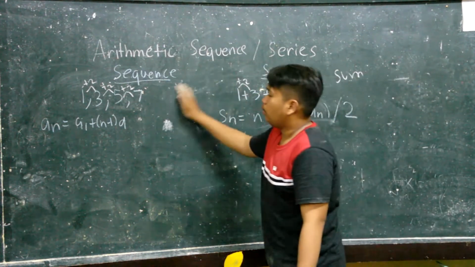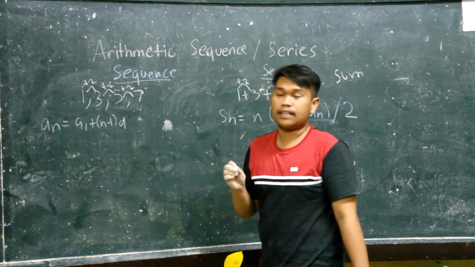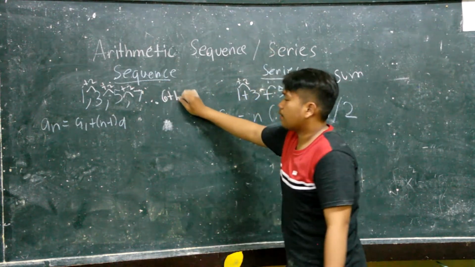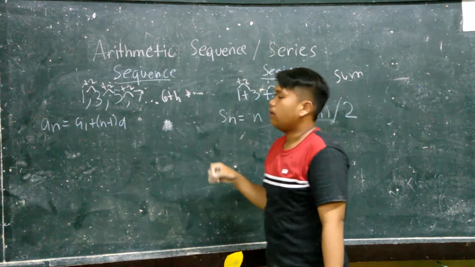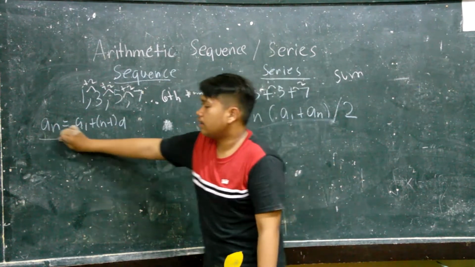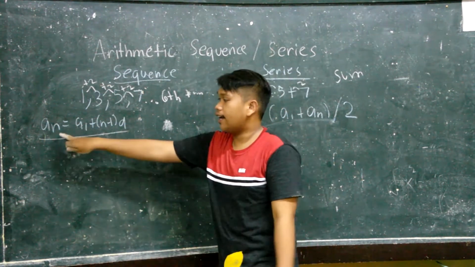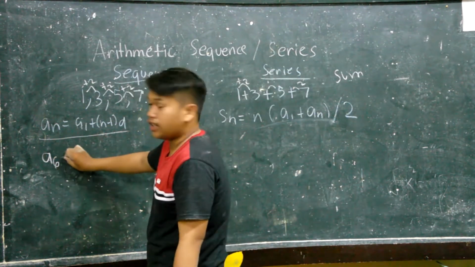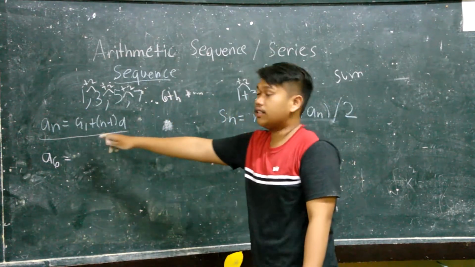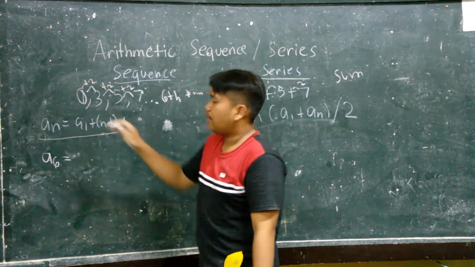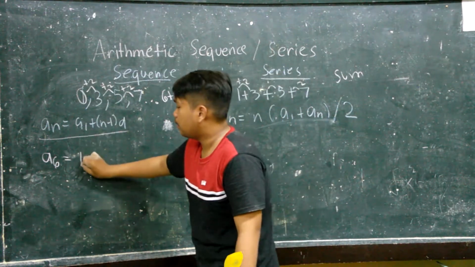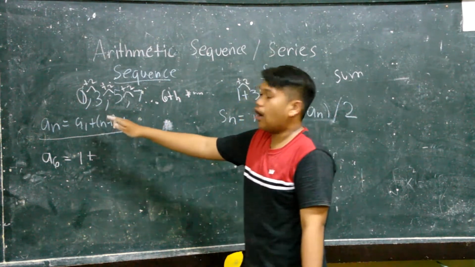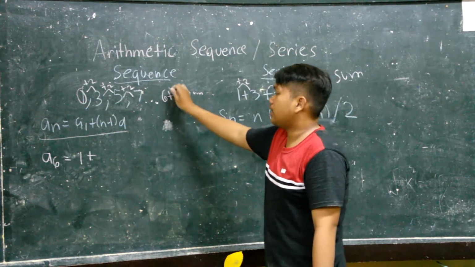So, for example, we are tasked to find, let's say, the sixth term. We are going to use this formula. So, a sub n stands for the missing number, so it is a sub 6, equals a sub 1, which stands for the very first term, so 1, plus, n means how many terms there are, so there are 6 terms.